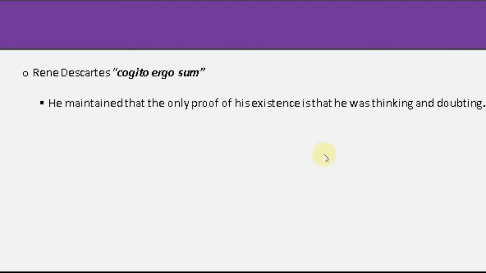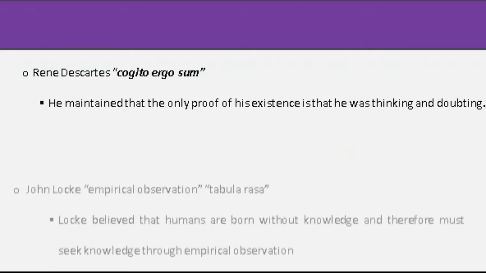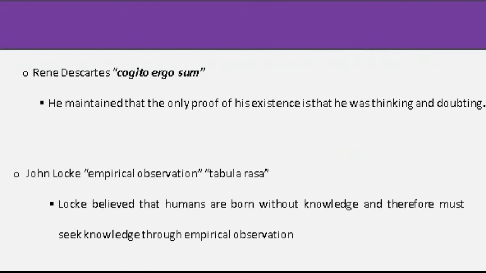And one of the philosophers also will be Rene Descartes. He's a mathematician. He maintained that the only proof of existence is that he was thinking and doubting. Cogito ergo sum comes from the Latin words which mean I think, therefore I am. So parang nag-isip ako kaya ako nalaman. And also, John Locke was known for empirical observation or the tabula rasa.